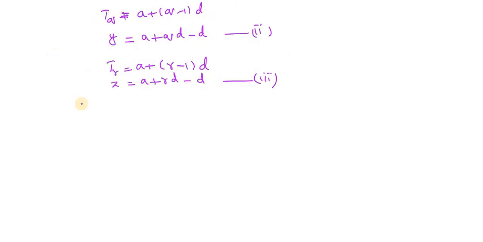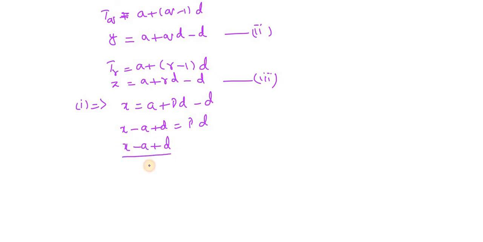From equation number 1, x is equal to a plus p into d minus d. So we find x minus a plus d is equal to p into d. So (x minus a plus d) upon d is the value of p.